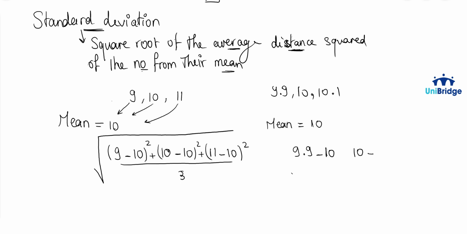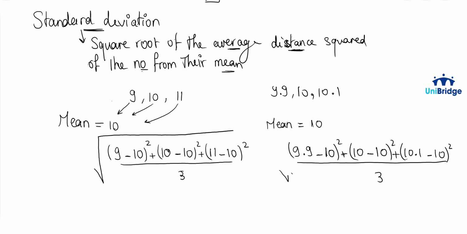So the 10, how far is it from the 10? And the 10.1, how far is it from the 10? And then you square the distances, because you want to get rid of any negatives. Then you want the average distance, so you add the distances up and divide them by their count. Again, you have 3 numbers here, and then finally you take the square root. This is the final step to find the standard deviation.